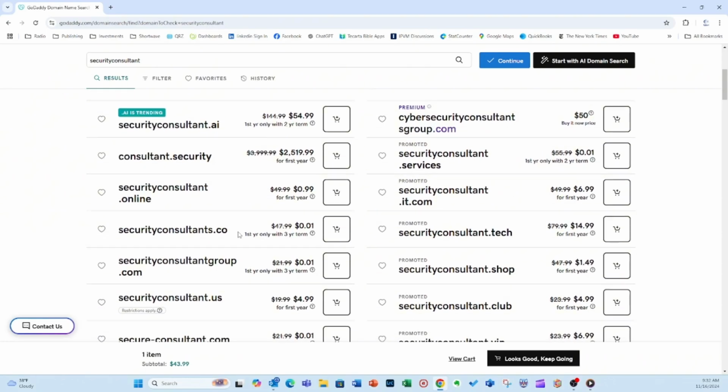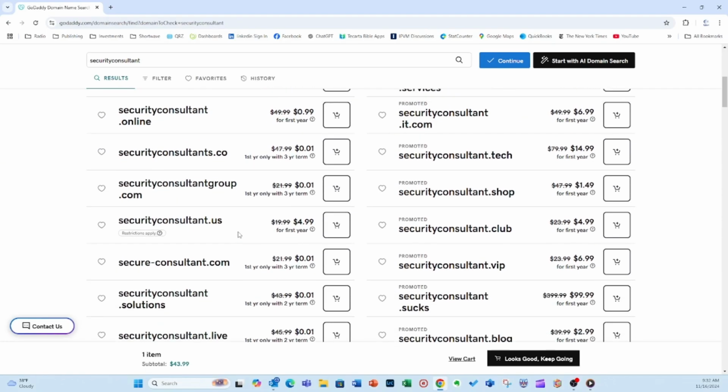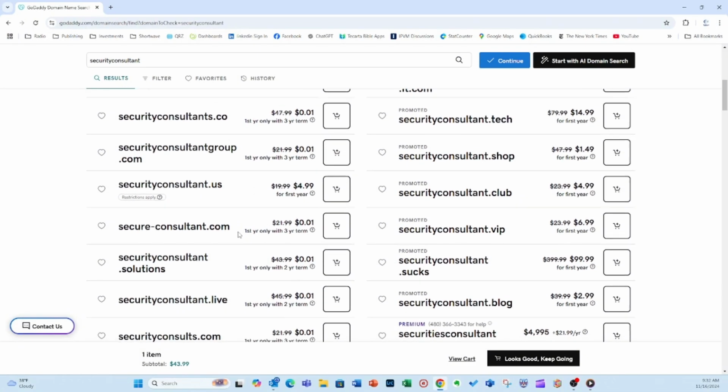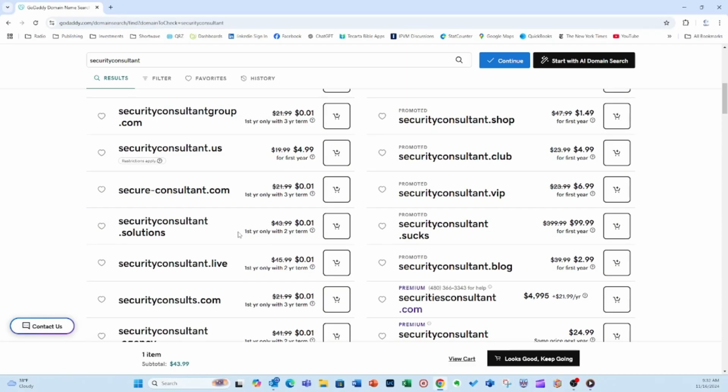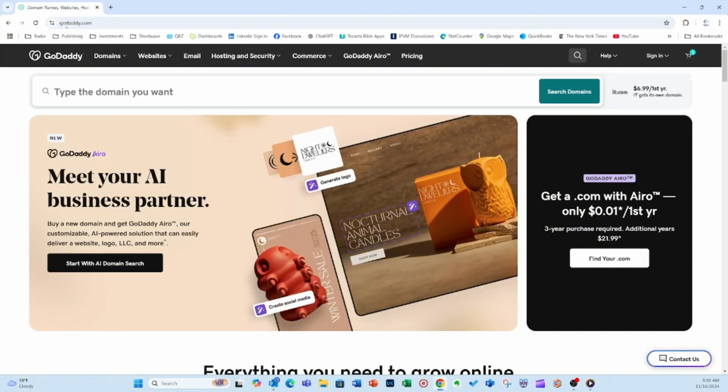However, please note that the search also returned many other combinations of names similar to securityconsultant.com. Many of these are available at a much more reasonable price. By taking a little time, you should be able to find a good domain name for your business at an affordable price.